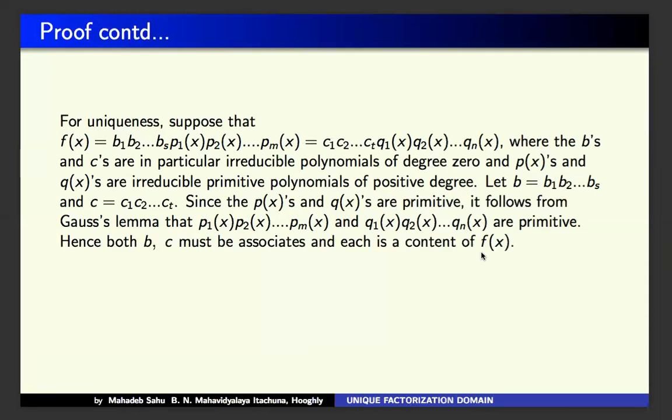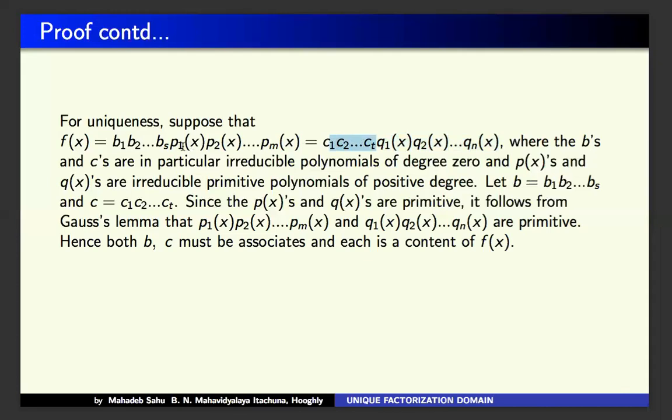So both B and C must be associate, and each is a content of f(x). See here, this is a primitive polynomial, and this is a primitive polynomial. What does it mean? The product P1 up to Pm has no common factor, and Q1 up to Qn also has no common factor.